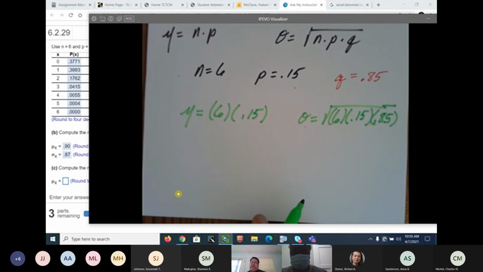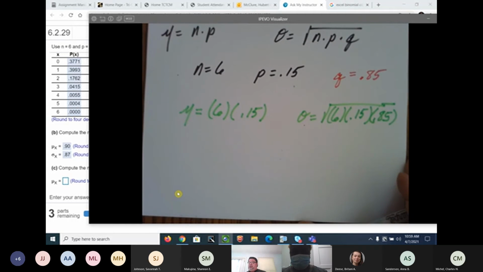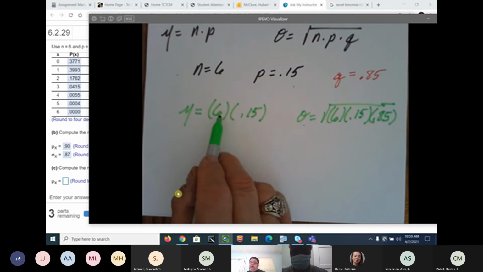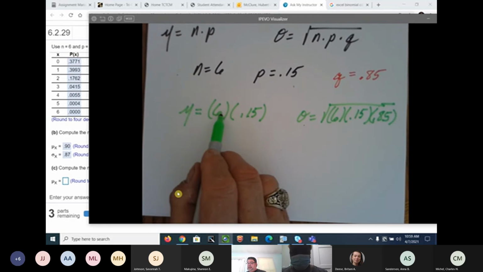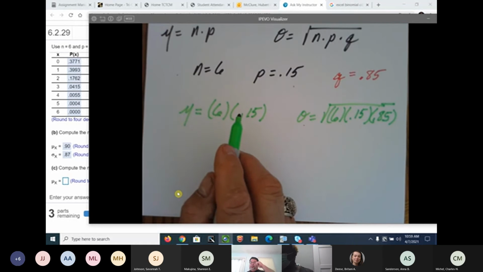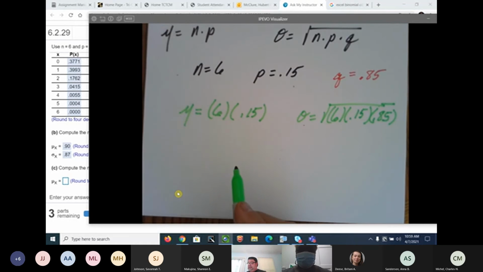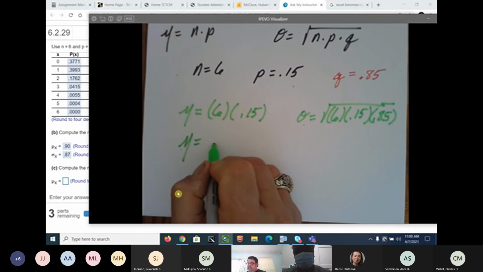Now I'm going to tell you a little secret. You could do this without your calculator because this is easy to calculate. 10% of 6 is 0.6. And half of 0.6 is what? 0.3. So 0.6 plus 0.3 is 0.9.